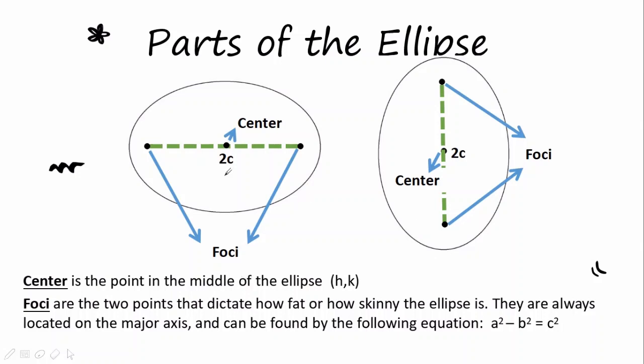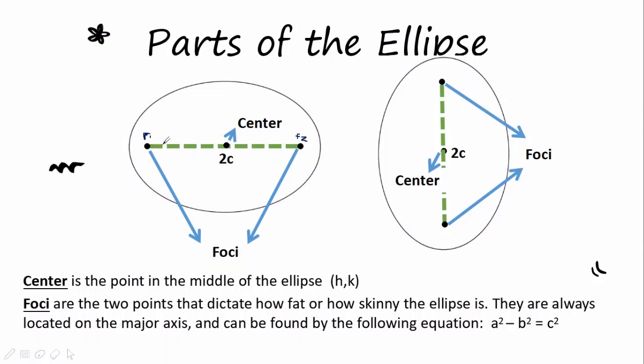And as you can see, we have here focus 1 and focus 2. Again, ellipse has two focus or has foci.